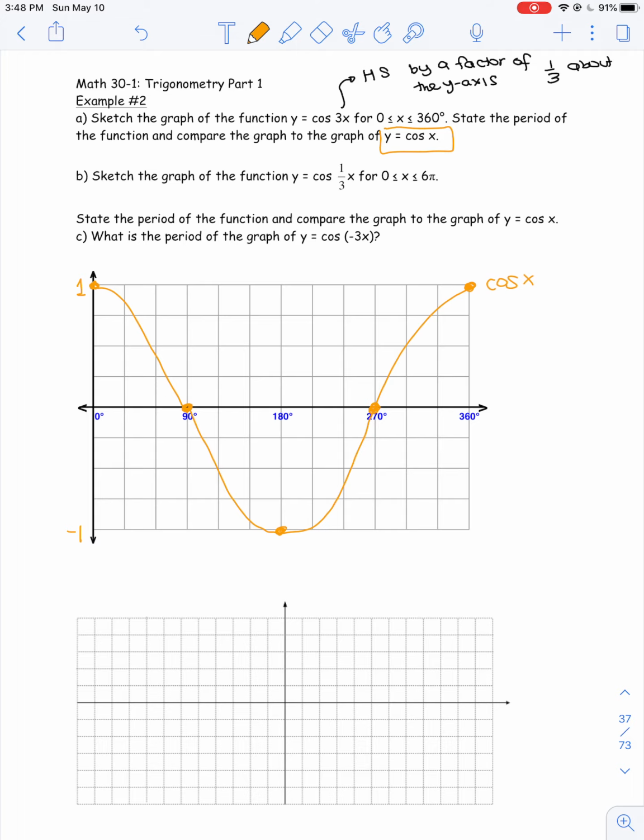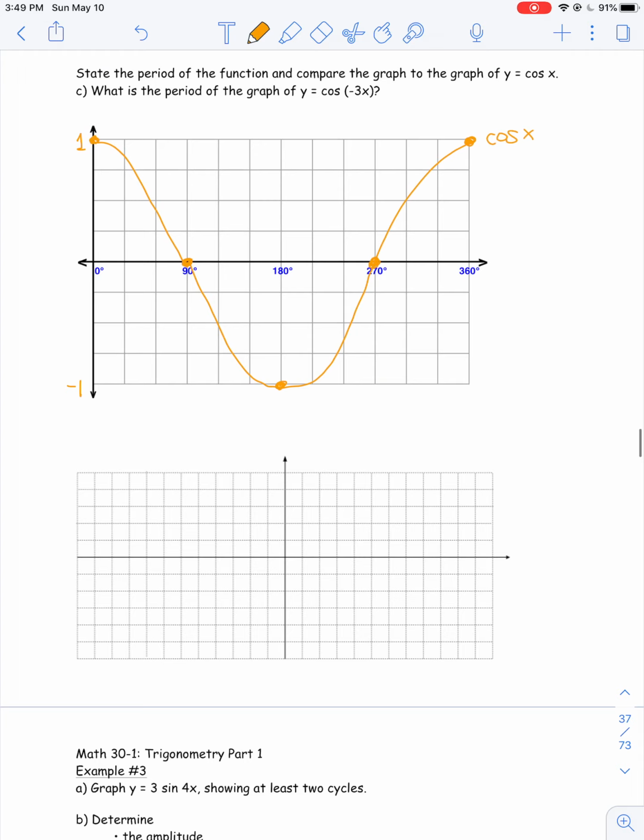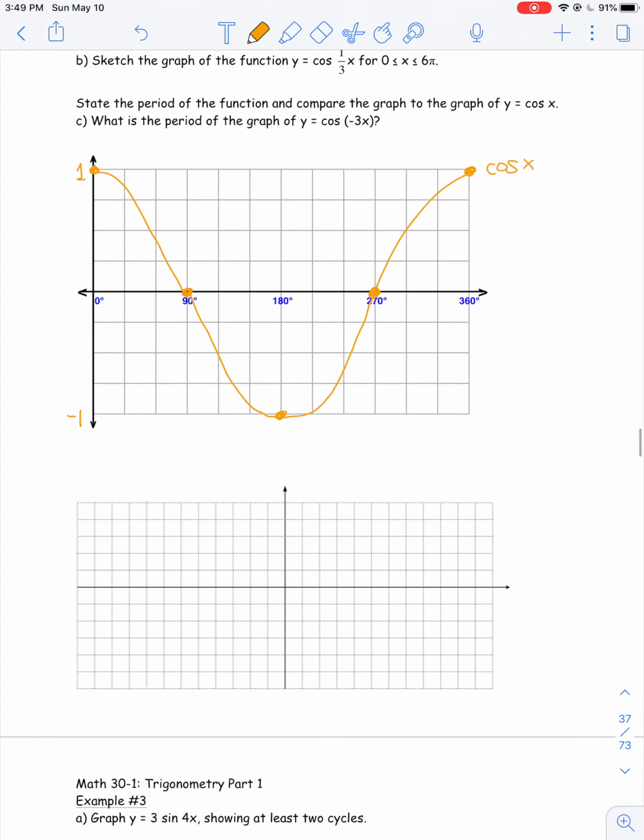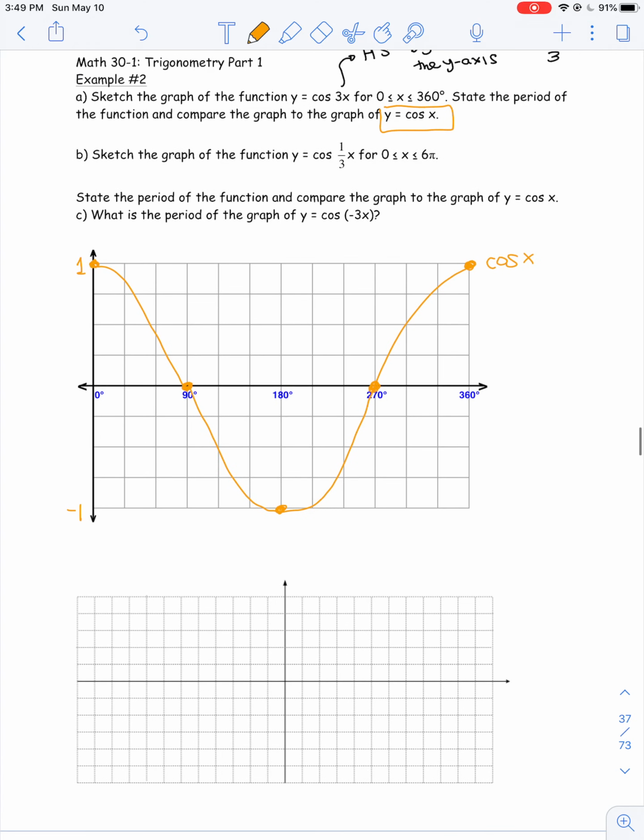And now what they want us to do is also on the same graph. Well, actually, they give us 2 graphs. So what we can do is graph now, on the same graph, cos of 3x. Now with this one, you want to change your mode to be in degree mode now.